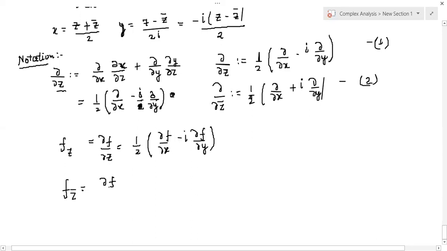I'll simply get del f upon del z bar is equal to what? It is equal to 1 upon 2 del f upon del x plus iota del f upon del y. Okay, I hope it is clear.